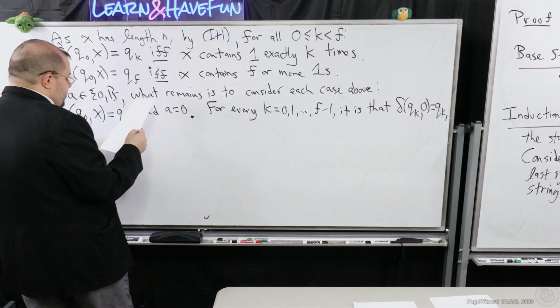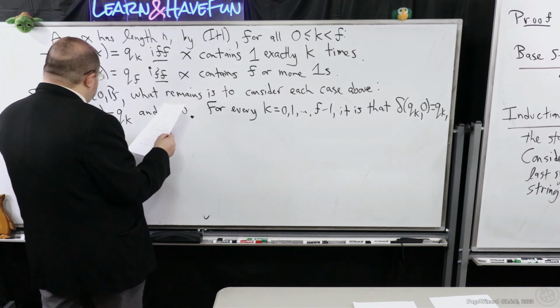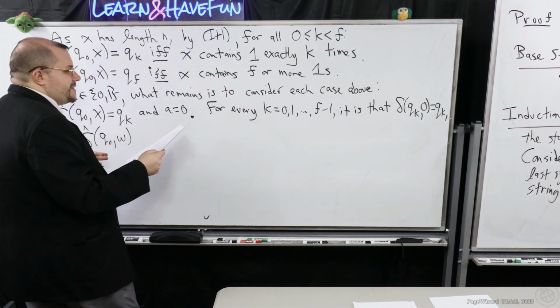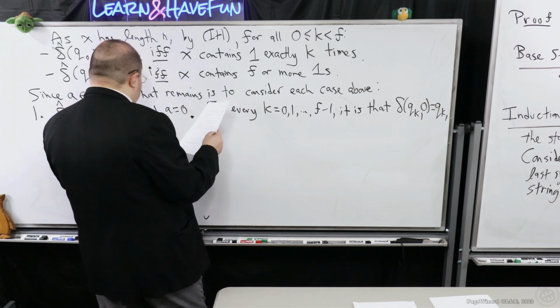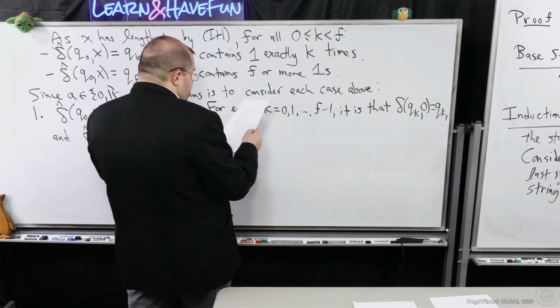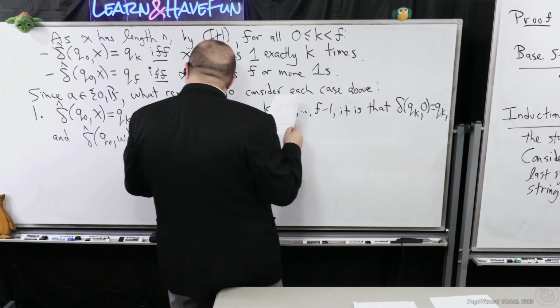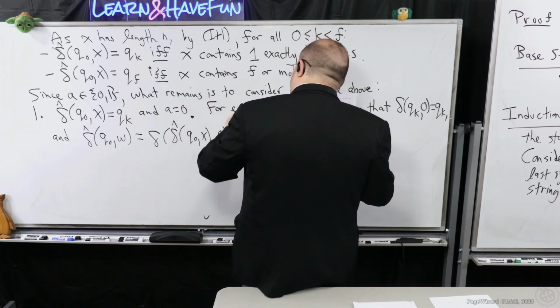And delta hat q0 w, because I'm appending a 0 on the end, is going to be delta of delta hat q0 x on 0. So upon processing x, then I transition on a 0.